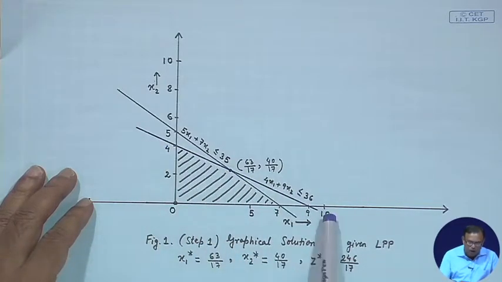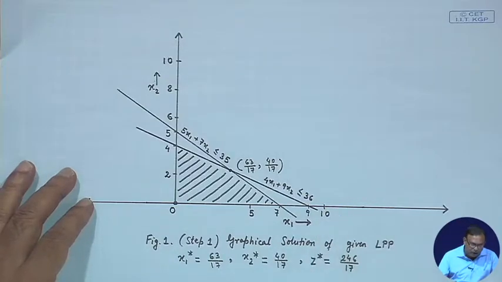So you get the second line, 4x1 plus 9x2 less than or equal to 36.